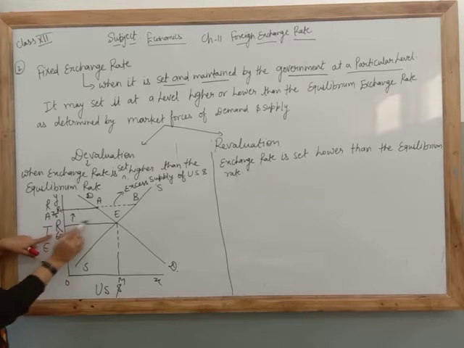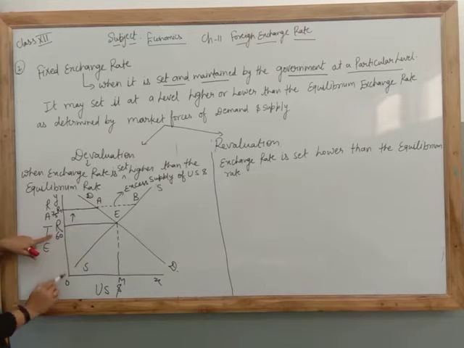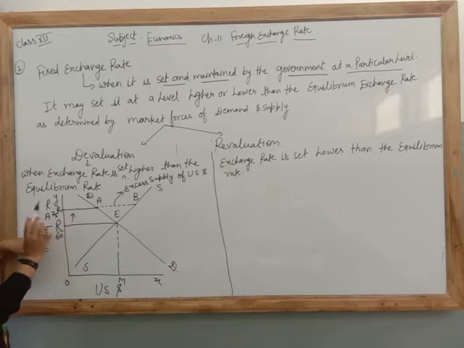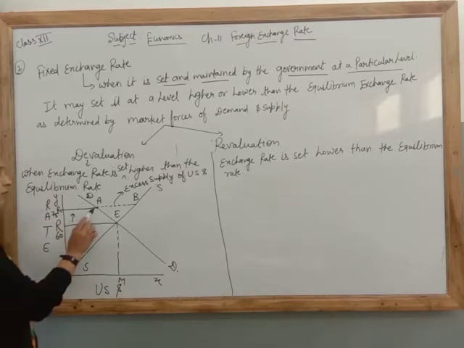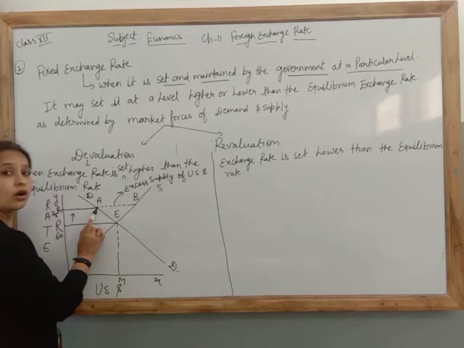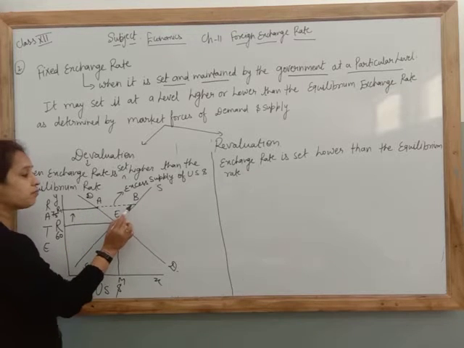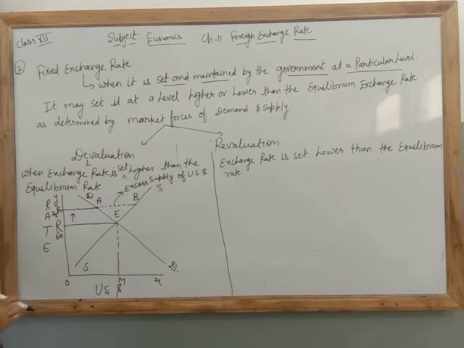Earlier the rate was 60 from market forces, that was at OR point, now it is OR1. So demand will decrease and supply of US dollars will increase.